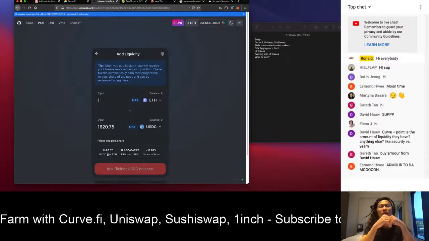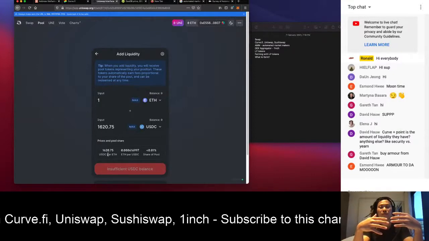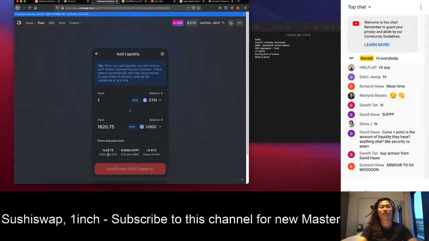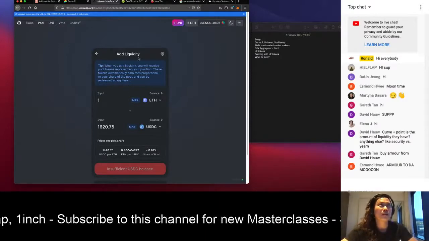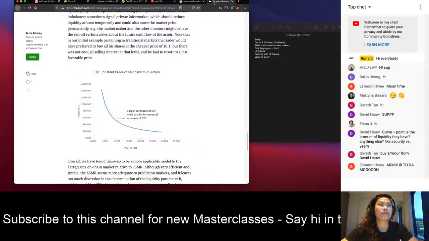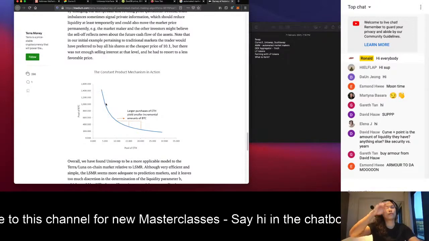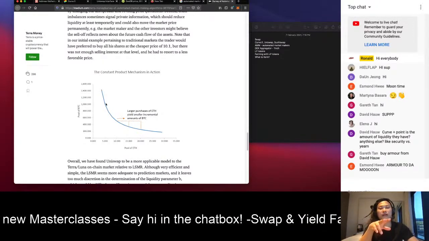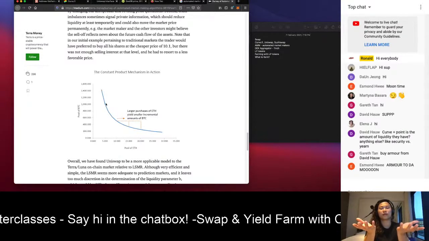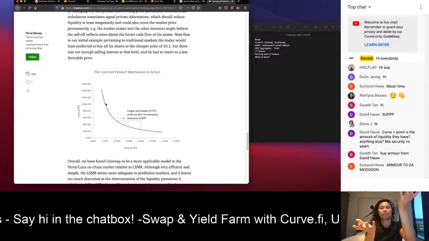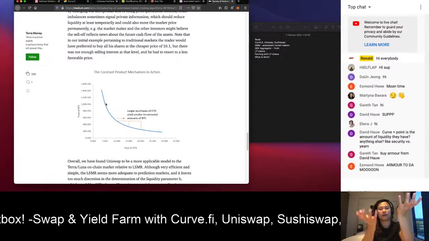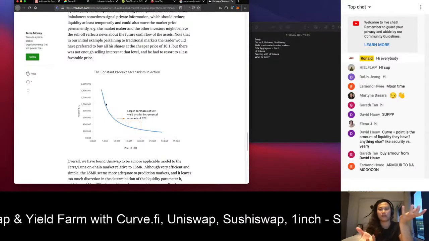So the idea is that you're joining this pool with equal components. And when you join the pool with equal components, what they're saying is that if at any one point in time, say a lot of people end up buying Ethereum from the pool, the amount of USDC goes up and the amount of Ethereum goes down because people are buying more Ethereum.